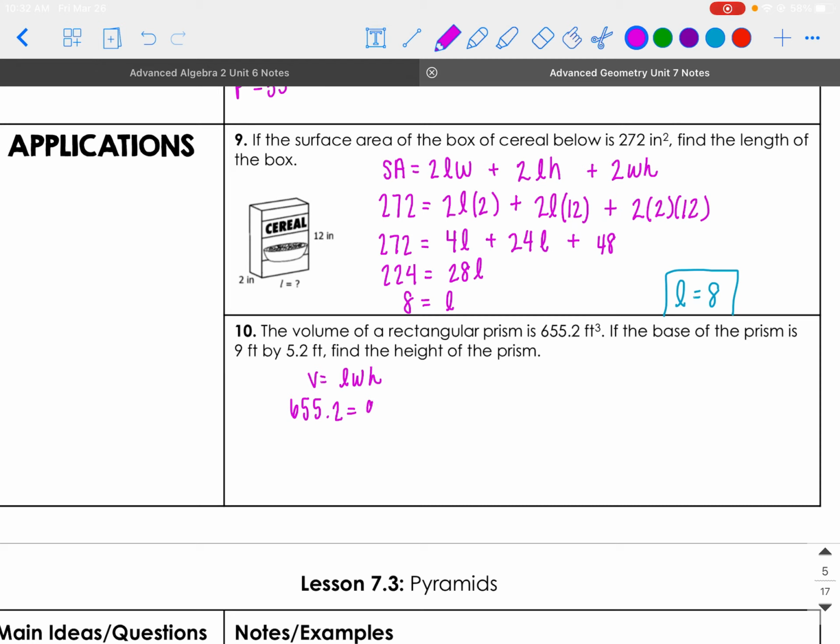So 655.2 equals 9 by 5.2 times H. If I multiply 9 and 5.2, we get 46.8 H. And then if I divide both sides by 46.8, we get 14 equals h. So my height is 14 feet. And I should have put units above, but I didn't. Let's add it inches.